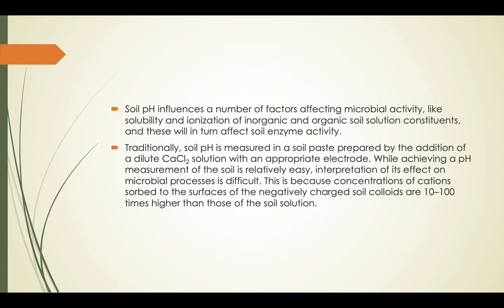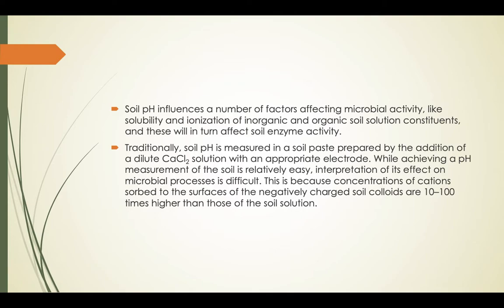Remember that enzymes are proteins that are very sensitive to factors such as temperature and pH, and any sudden change in these factors will cause conformational changes to soil enzymes, affecting the activity of soil microbes as well as other living organisms in the soil.